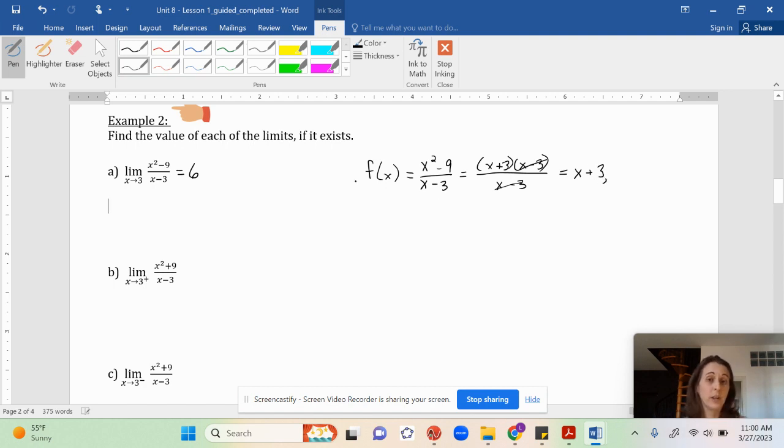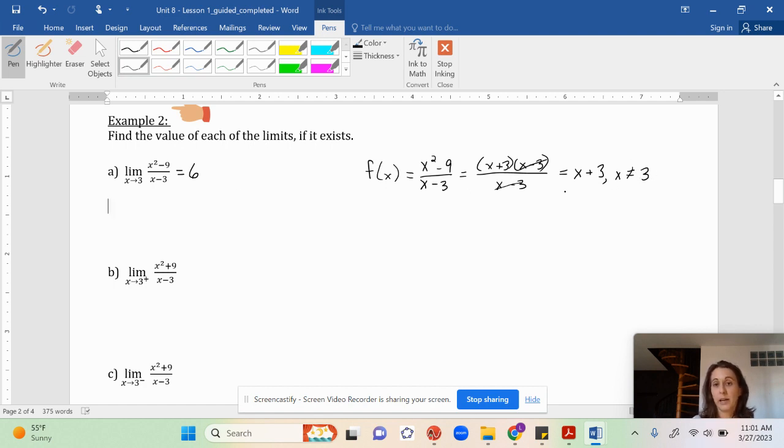Remember, x is not allowed to actually equal 3, because if x were 3, the function is undefined.